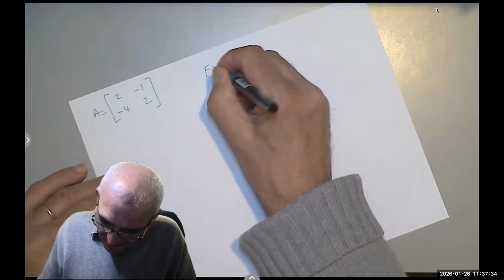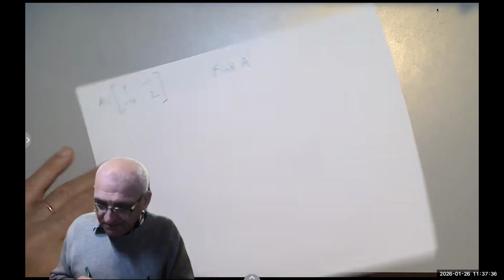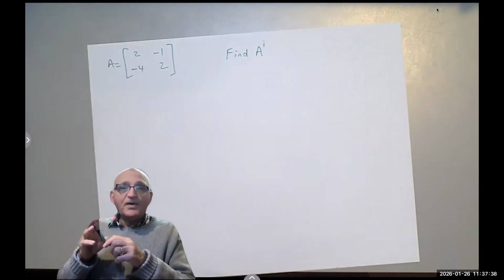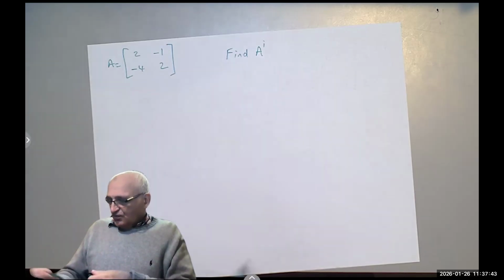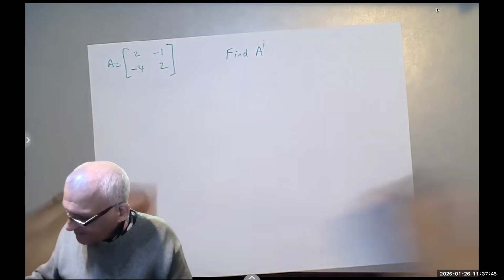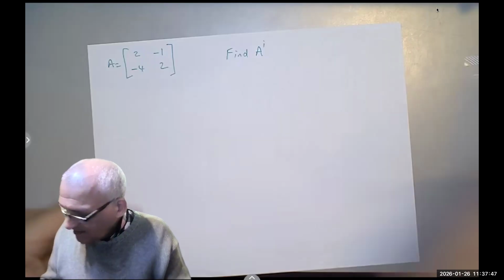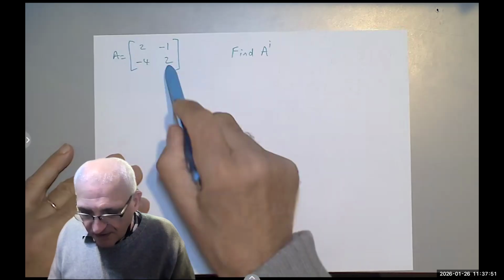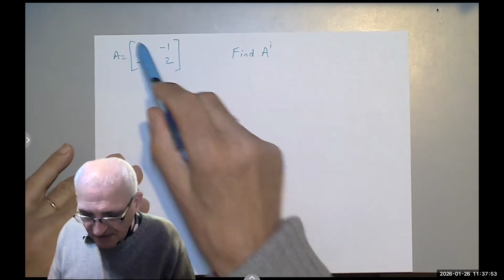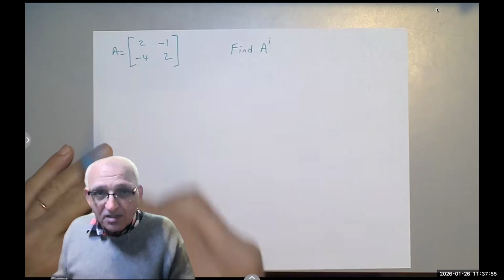Find A to the i. So I want to raise it to a power, but this power is imaginary. If you don't want to do the long way and find the eigenvalues, you can see that the trace is 4 and the determinant is 4 minus 4 is 0.